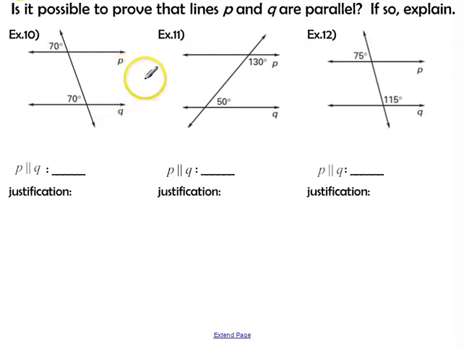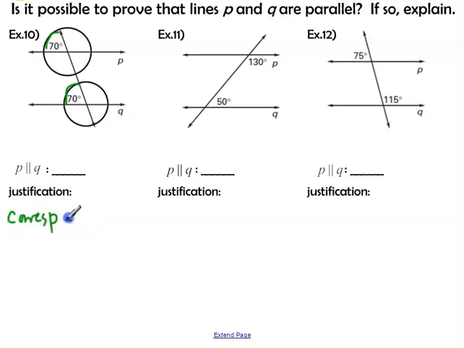So whenever we're trying to prove the lines to be parallel, that's where we're actually going to be using the converse of the theorems we talked about today. So first, just for visual help, and you might not need them, but we're going to draw our circles. And let's talk about what angles we have. 70 is in the top left, 70 is in the top left. So these are corresponding angles. Now, are corresponding angles supposed to be congruent?